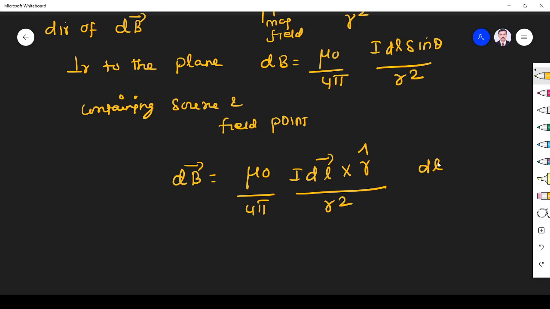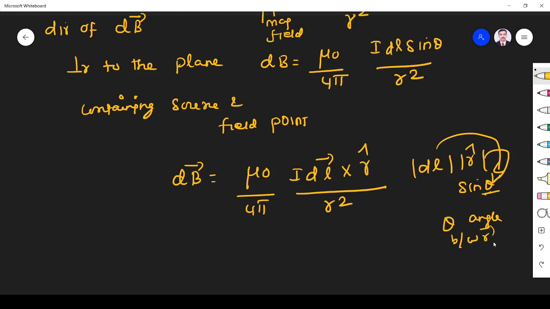Dl cross r is a vector product, so its magnitude is dl times r times sine of the angle between dl and r, where theta is the angle between them. Since r cap is a unit vector, its magnitude is 1, so the magnitude of dl cross r equals dl sine theta.